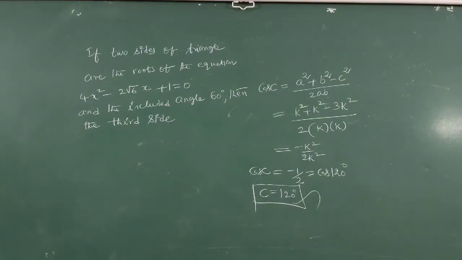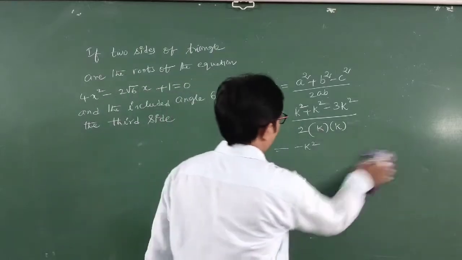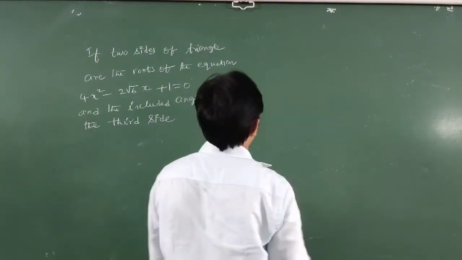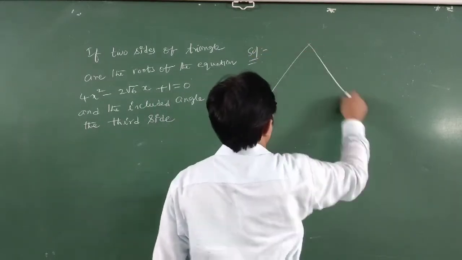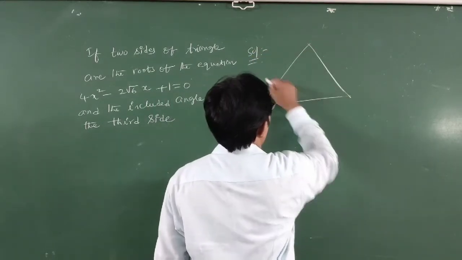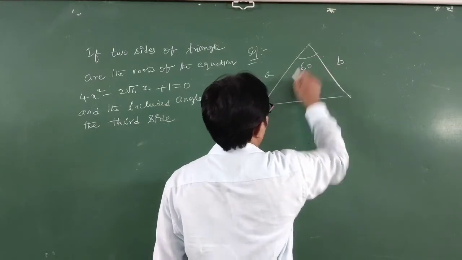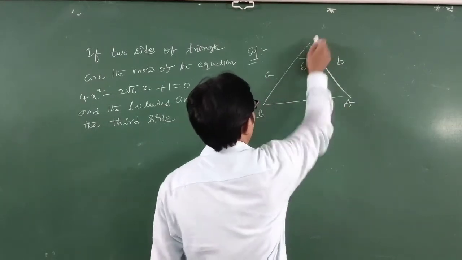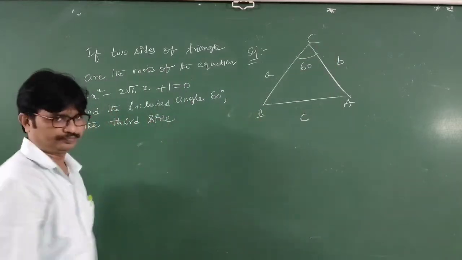My dear students, so here it is also a very easy one. Right now we are taking the two sides a and b, and the included angle is 60 degrees. This is triangle ABC, and now we have to find the third side.